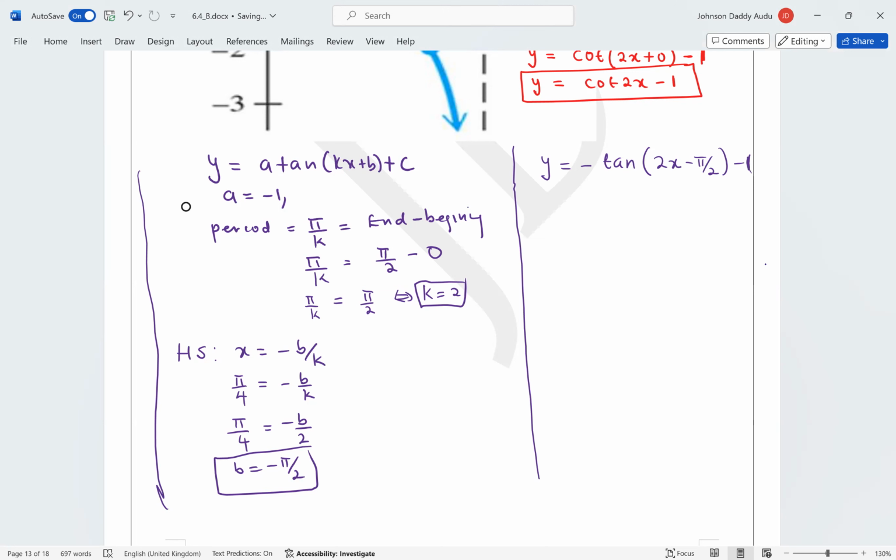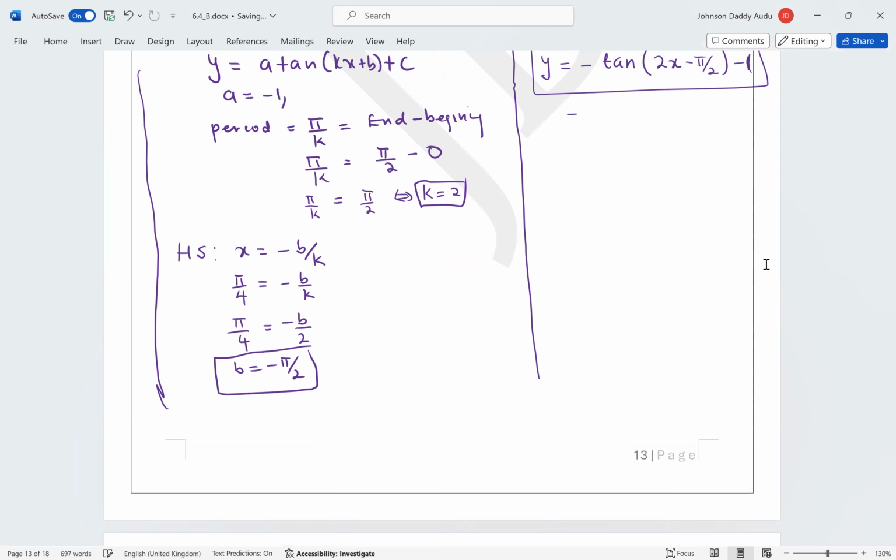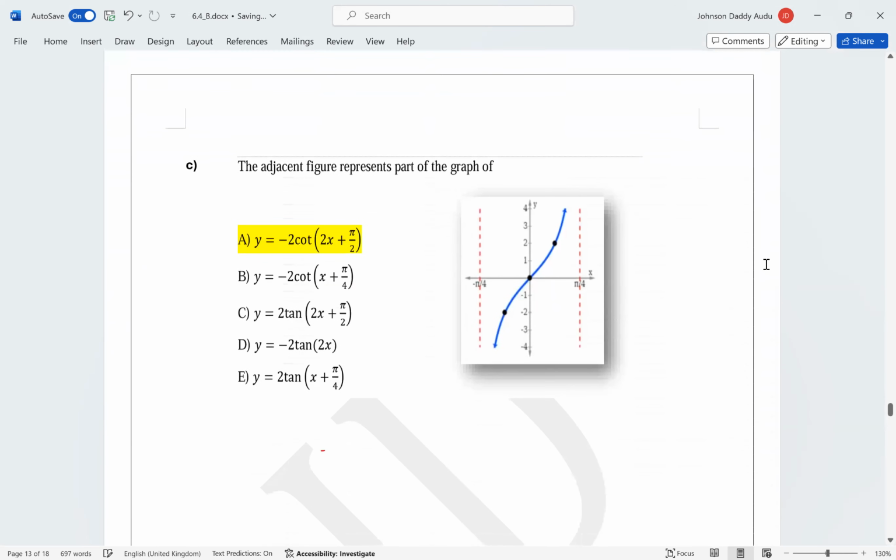And you see this and this are somehow the same, because if you want to rewrite this in terms of tan, this is correct. So you can always go from this to this one. It's possible because you can use the cofunction identity, and also you can use the period, which is pi. All right, so let's see this one.